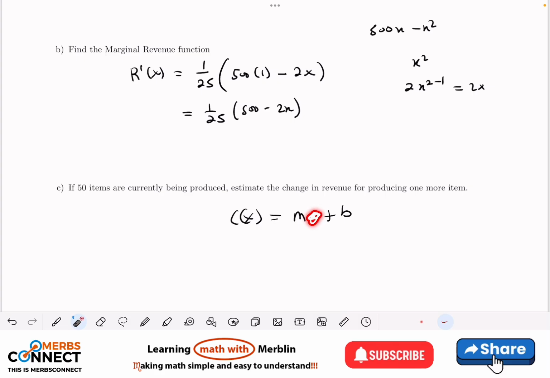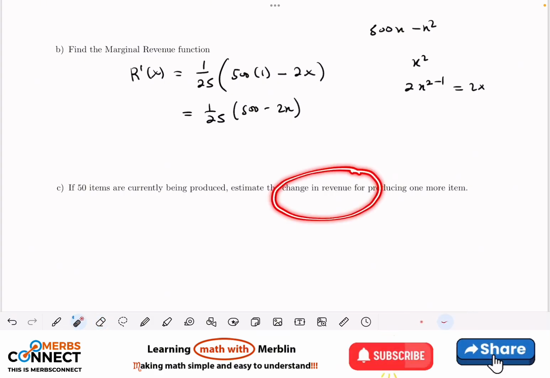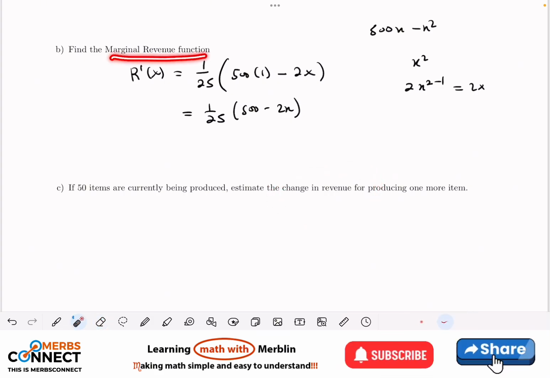So if x is changing, like the quantity that we have here, the cost is also going to change, right? So if the question is asking for the change in revenue, we are going to use the marginal revenue function. Why? Because we are talking about change, and change goes with what? The derivative, like when you differentiate the function, right?